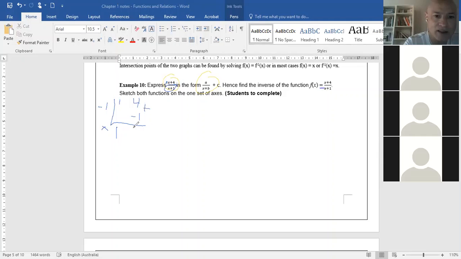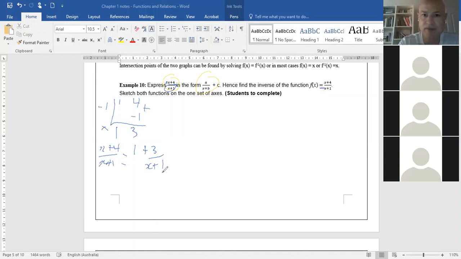Add these two together, I get 3. So in this form, I get (x + 4)/(x + 1) = 1 + 3/(x + 1). If you do it the other long division way, you'll still get the same answer.